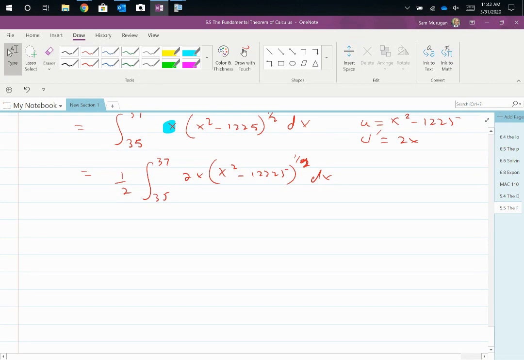And now we can integrate. Okay, this is u prime and this is u. So this is half x squared minus 1225 to the power 3 over 2 divided by 3 over 2. I've got one too many 2's here, right?